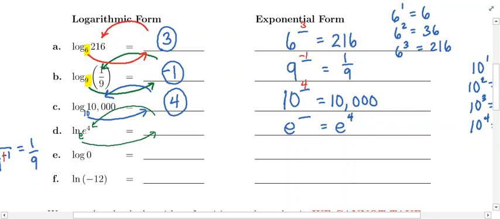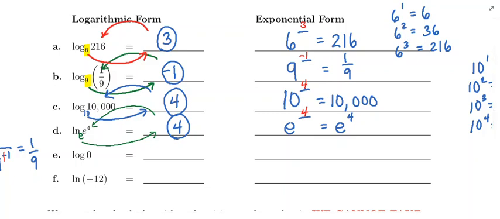To make those two sides match, 4 has to go in the blank. So the answer here is 4. Even though it's a natural log and the base is e, it works the same way.